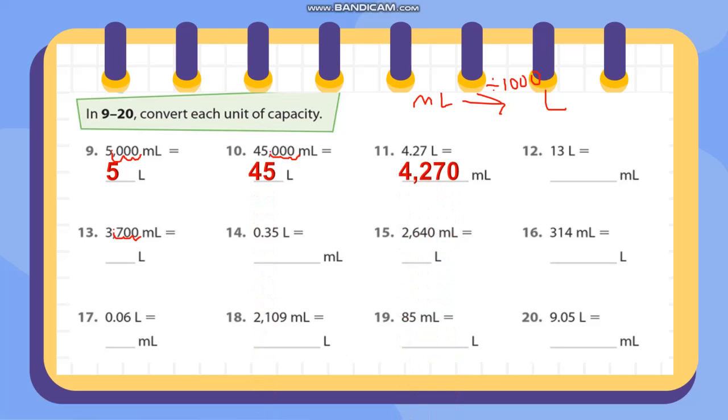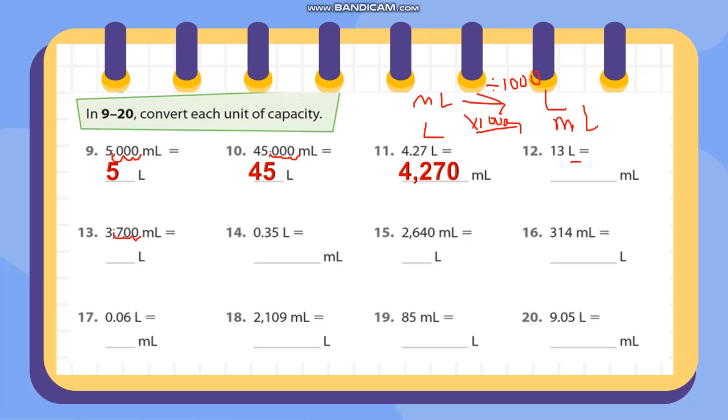Okay? Next. In number 11, this is liter to milliliter. So liter to milliliter means that is multiplied by 1,000. That's why the answer is 4,270.